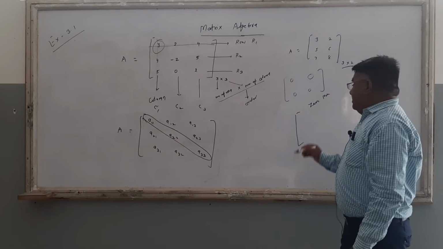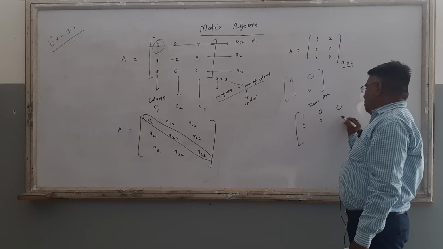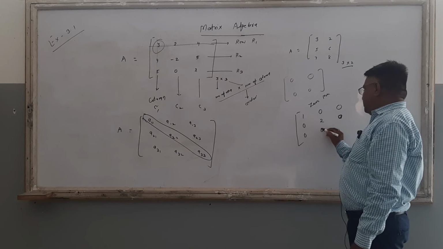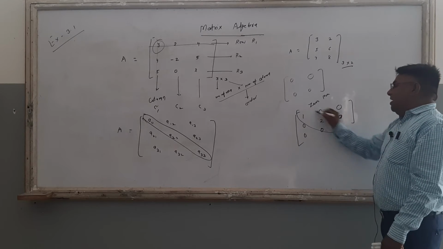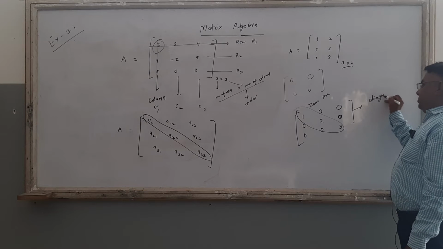Now the diagonal elements are given and the other elements are 0. In this matrix the diagonal elements are different, and other elements are 0. This is the diagonal matrix. What is a diagonal matrix?